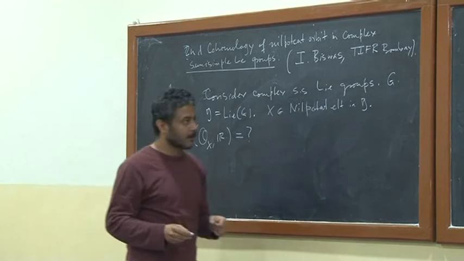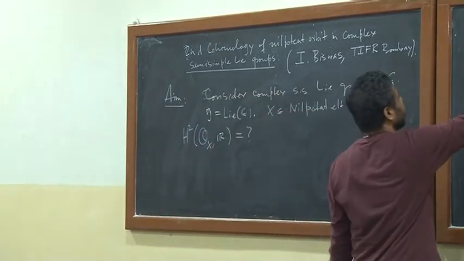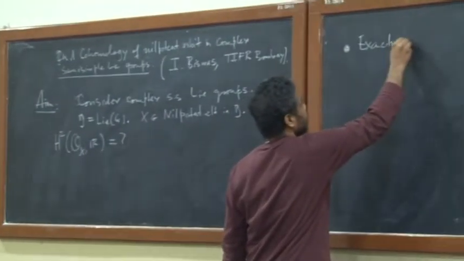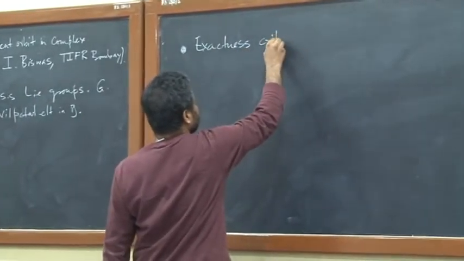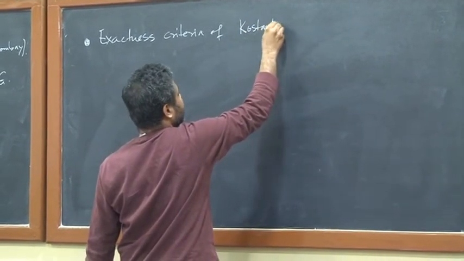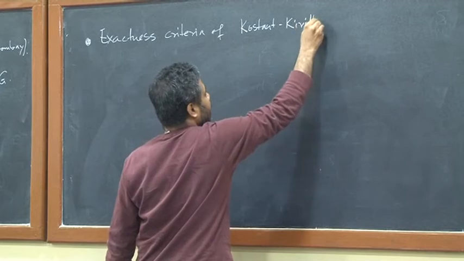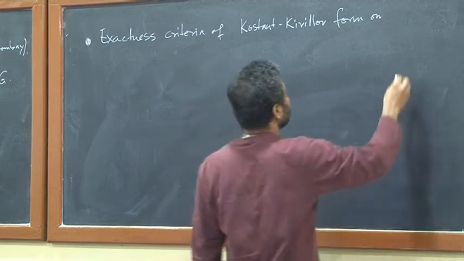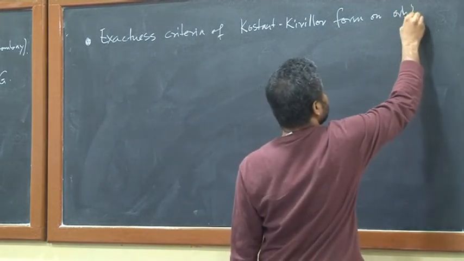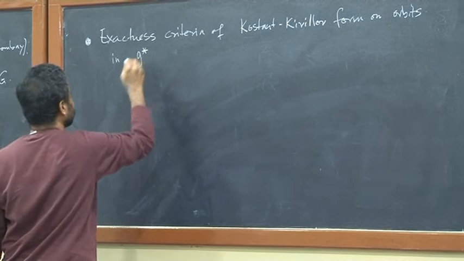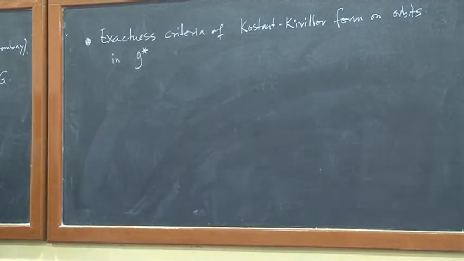The first thing comes from the exactness criteria of the Kirillov form on coadjoint orbits, that means the orbits in G dual.